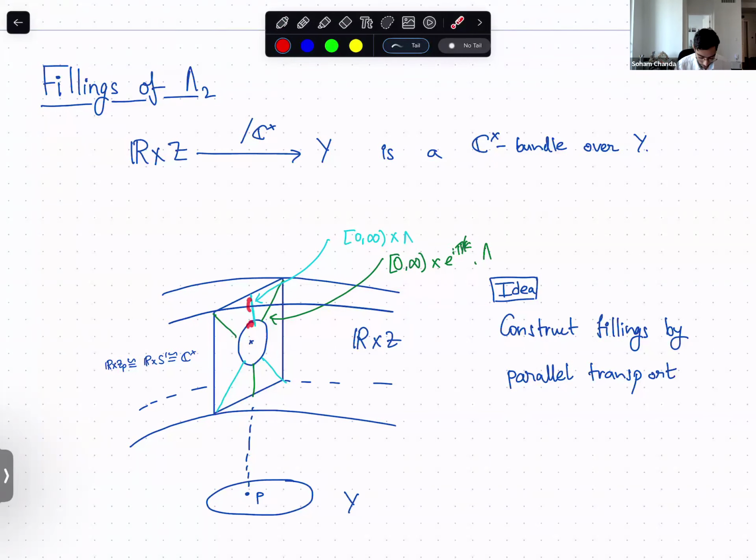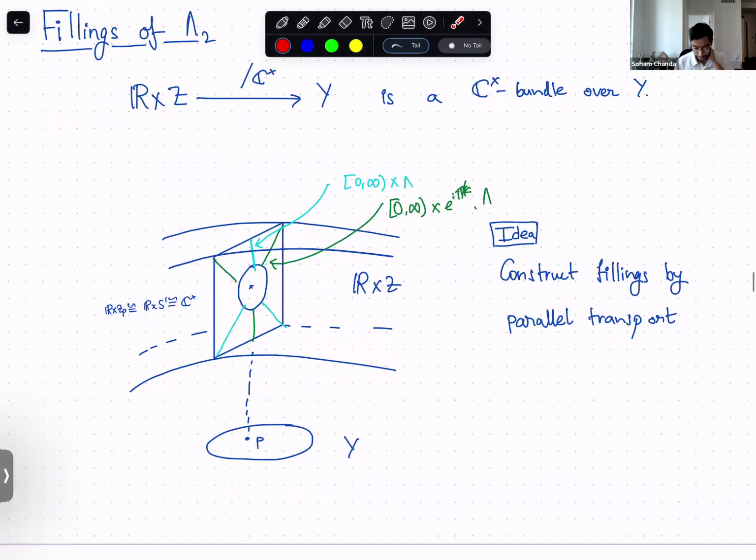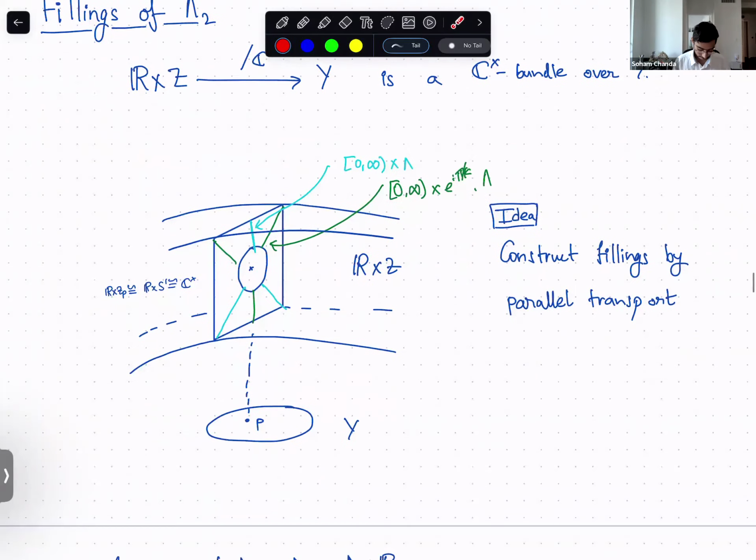This is because on the circle you had 3 points, but now I multiply with R. So in the C star bundle, it is exactly the rays going out for lambda, and similarly for lambda 2. This will be, again, a set of rays going out, but shifted by pi over k. And I will construct fillings inside this C star by just telling you how to fill in a slice of C star, and then I'll define it by taking the parallel transport.